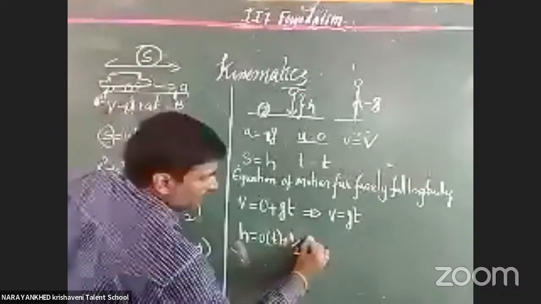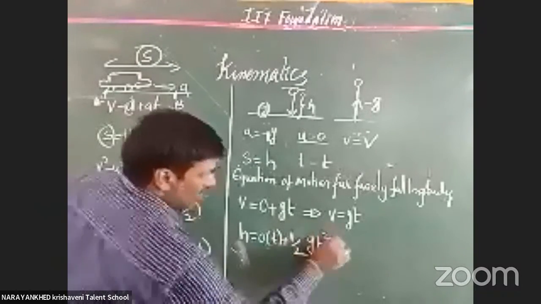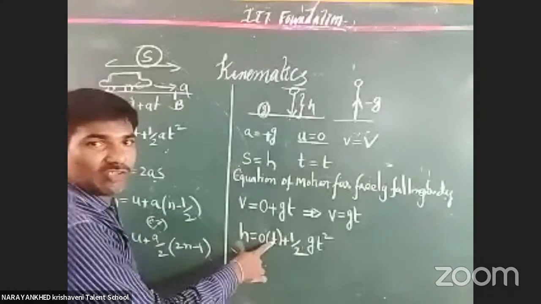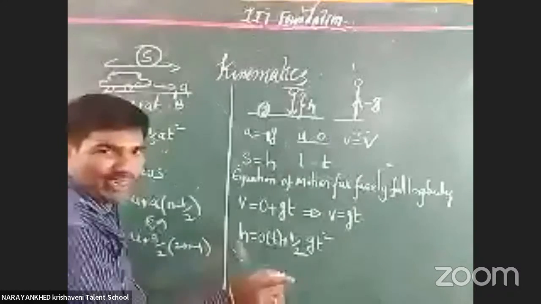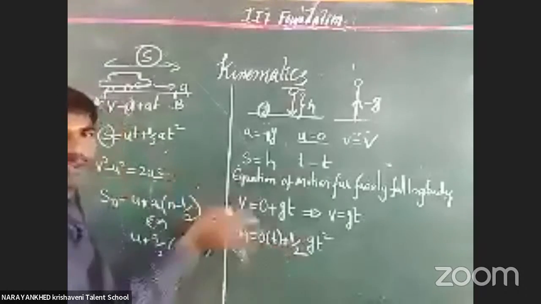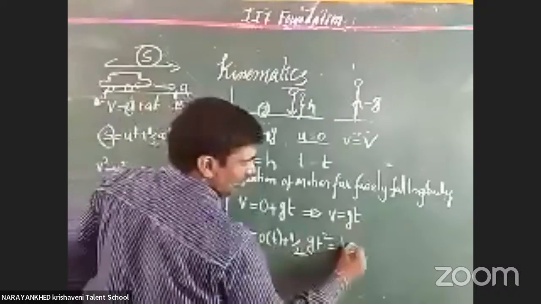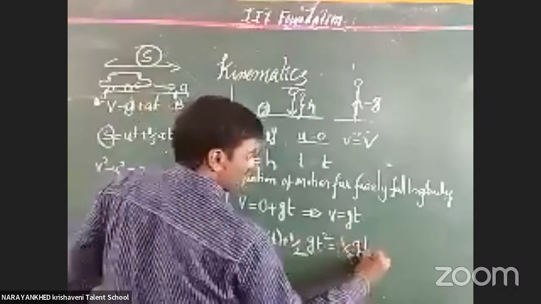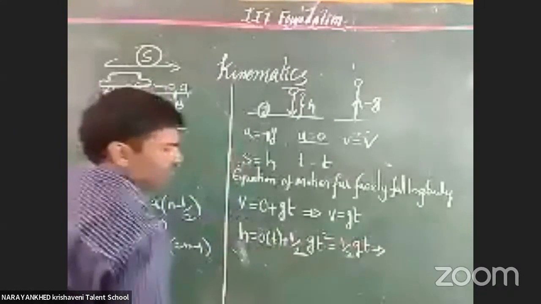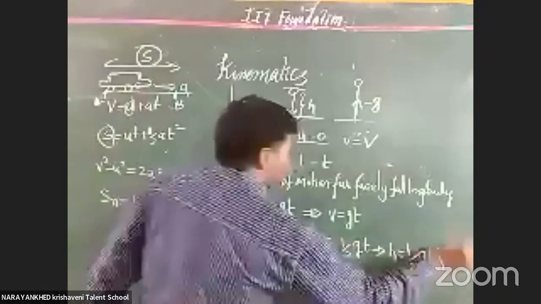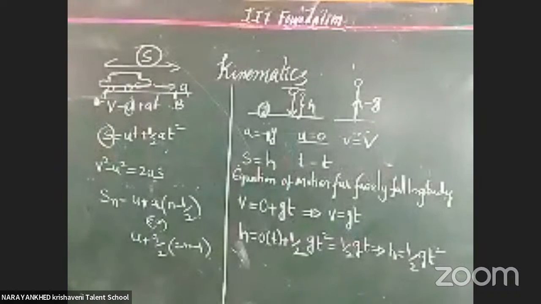Now it becomes g t square. 0 into t is 0 only. Something you multiply with 0 will become 0 only. Now it will become half g t square. Then what is the equation now? h is equal to half g t square. Got it? s is equal to half g t square.